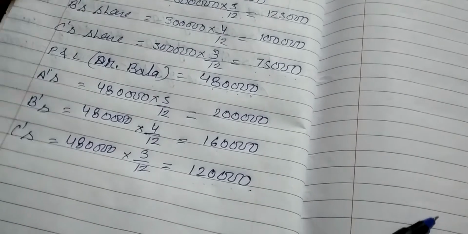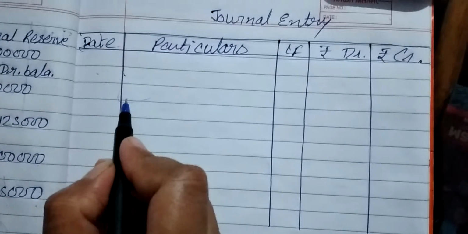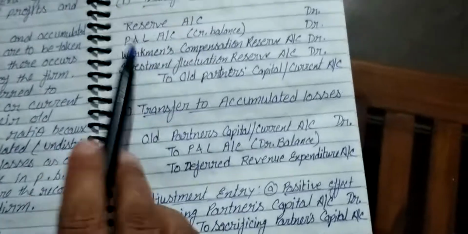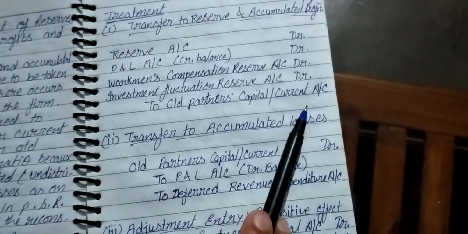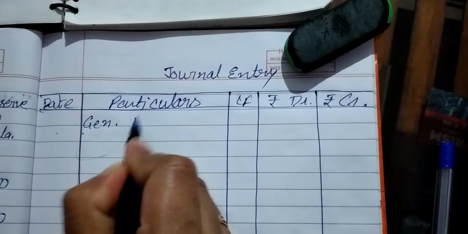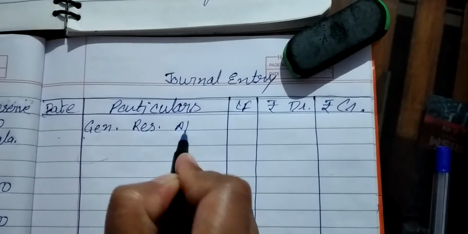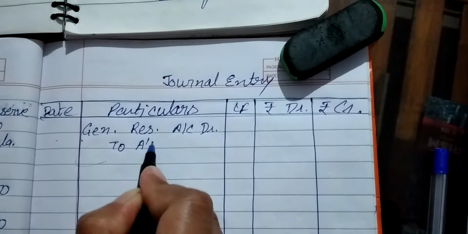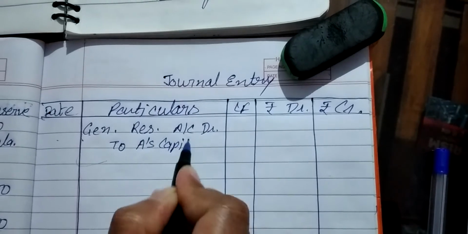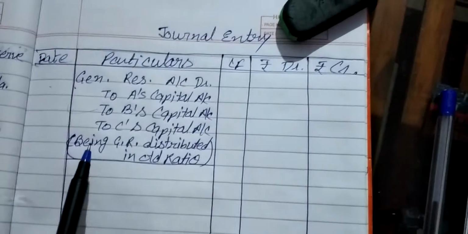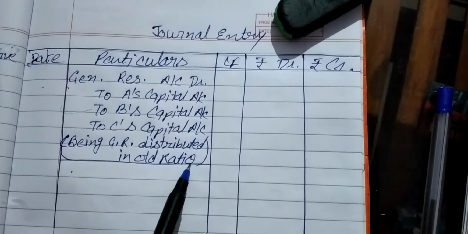Now the journal entry. The entry for general reserve, which is accumulated profit, will be general reserve account debit to old partners' capital accounts, that is A's capital account, B's capital account and C's capital account, being general reserve distributed in old ratio.